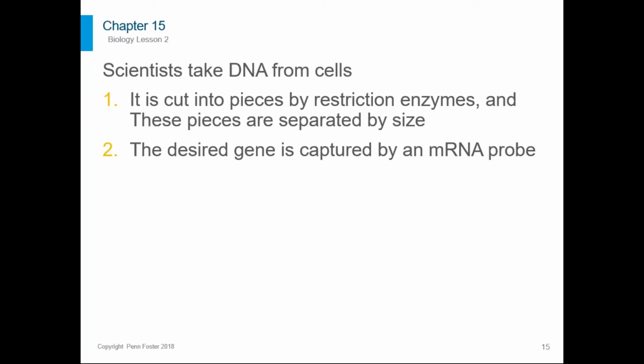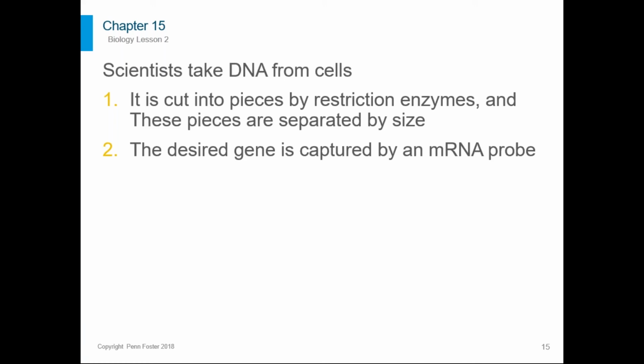It's complementary to it. Normally that's used to go out into the cell and tell the cell what protein to make. But in this case, we just have the chunk of mRNA already, and we're using it to match up to the DNA, and that's going to help us figure out the piece of DNA that's the one we want.